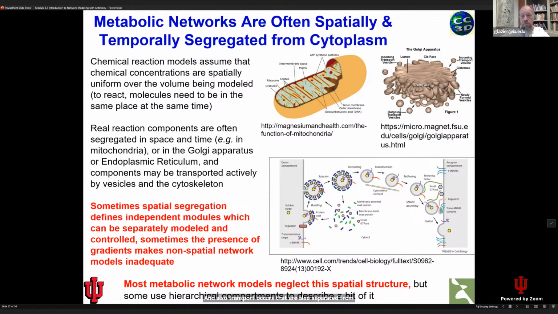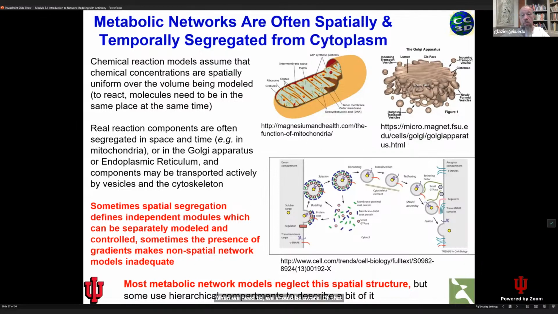You have vesicles for bringing material into cells, for destroying material, for taking material out of cells. We will almost always neglect those, although it's possible to build simulations that do, in fact, represent those processes. When we need to, we should be aware of that spatial segregation.